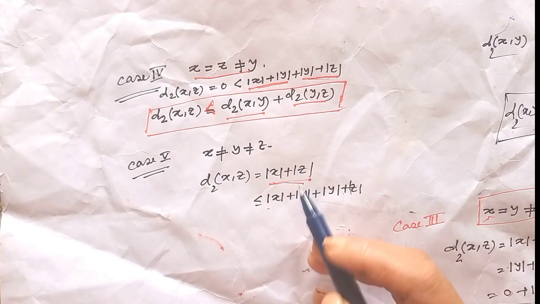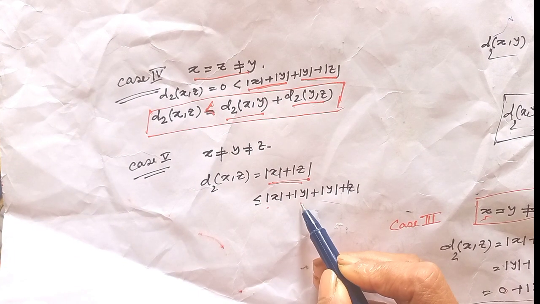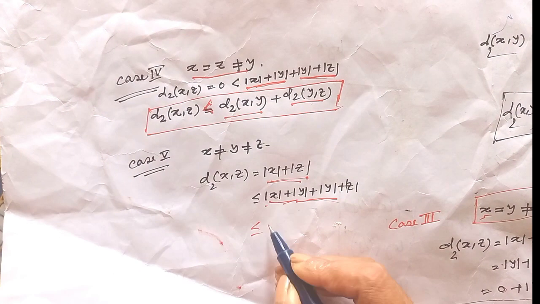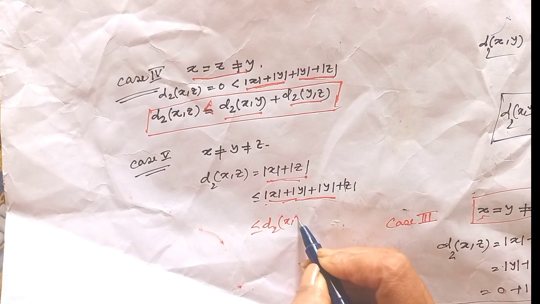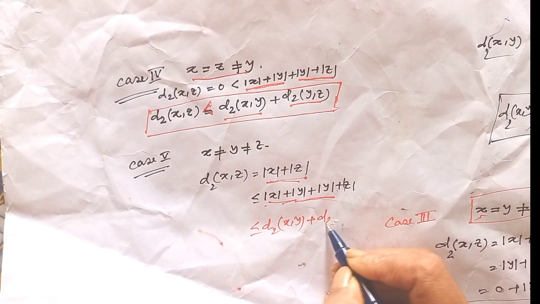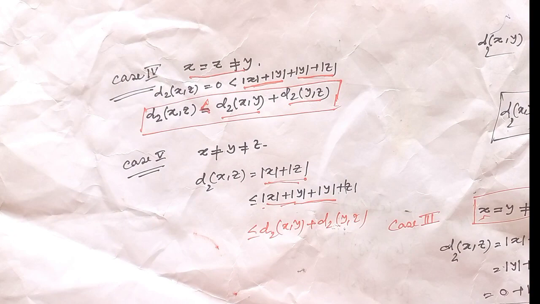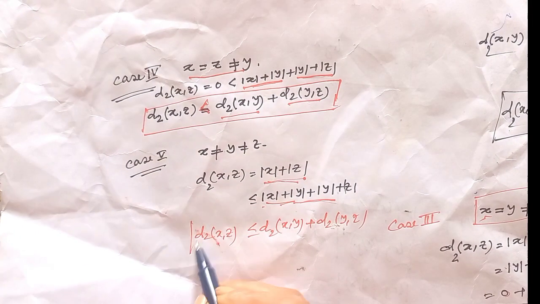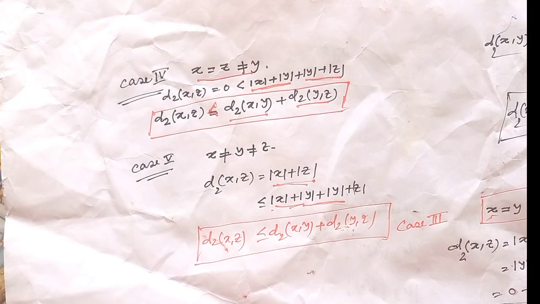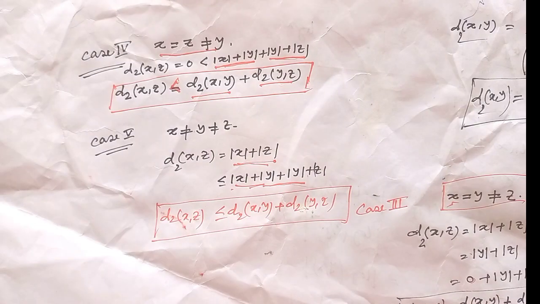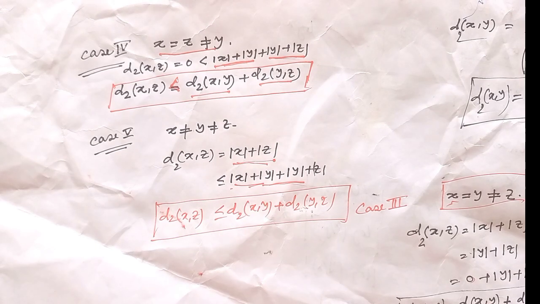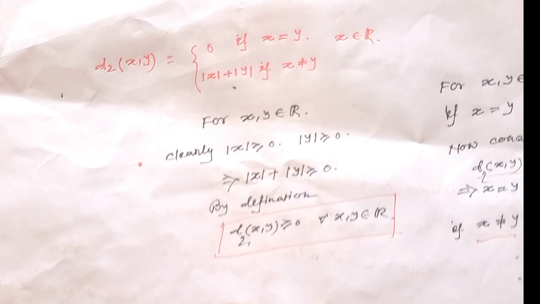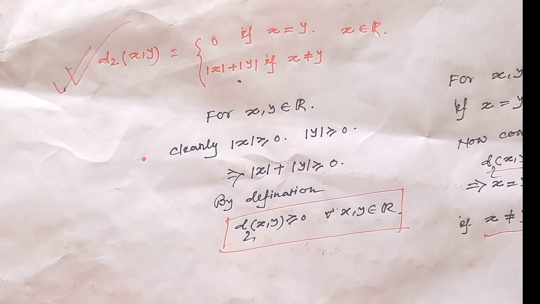This would be less than or equal to, because I have added an extra term, and this part is d2(x,y) and this part is d2(y,z). Therefore, d2(x,z) ≤ d2(x,y) + d2(y,z). That means the triangle inequality is also satisfied here. So, d2(x,y) is also a metric.